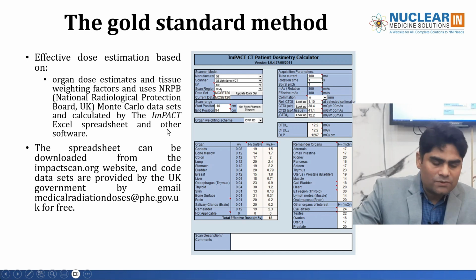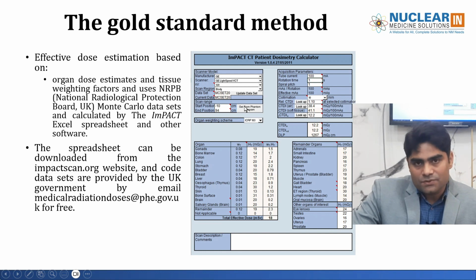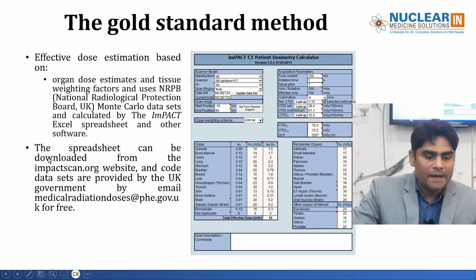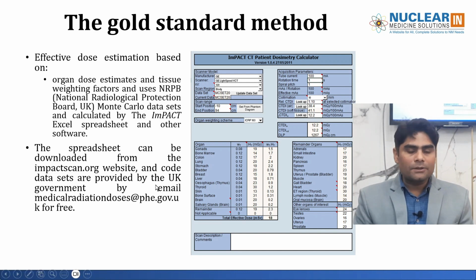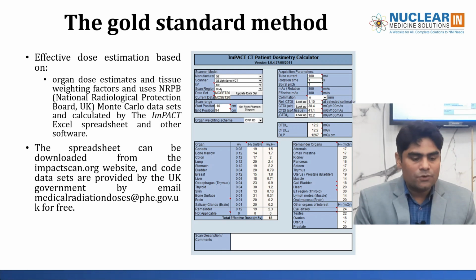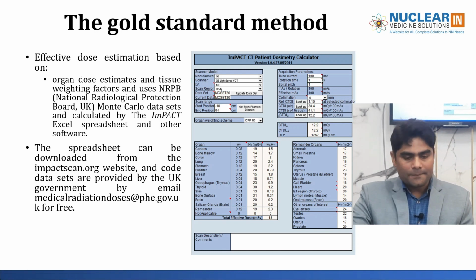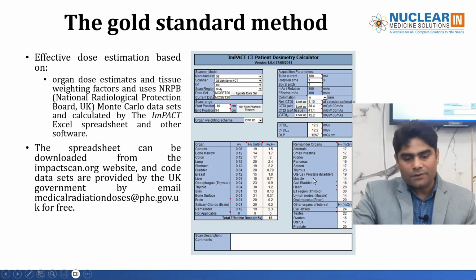Some other softwares can also be used, but this is freely available. This sheet can be downloaded from the website impactscan.org, and the codes can be obtained from the UK government by mailing to this mail ID. We can simply get the effective doses to all the organs by putting in the values, selecting the machine name and the tube current that was used.